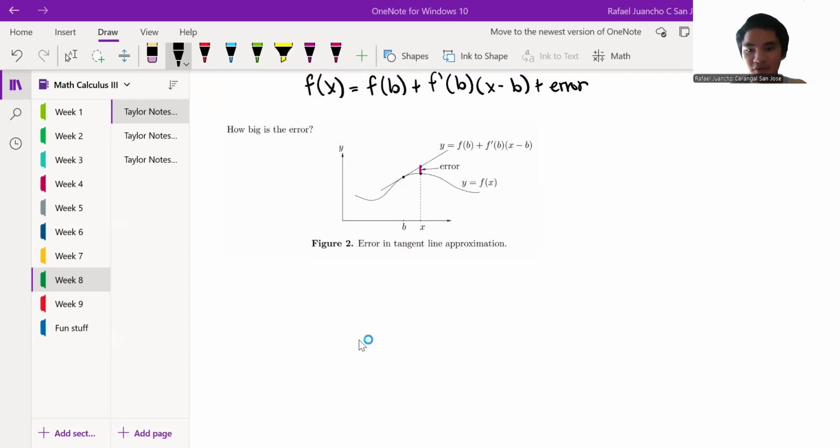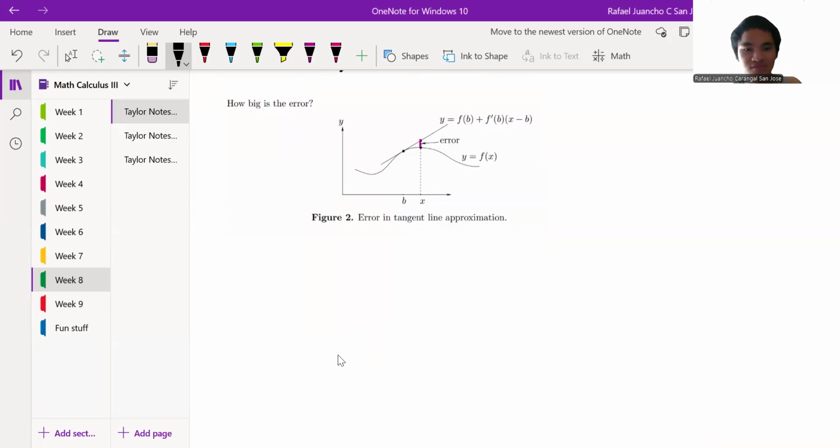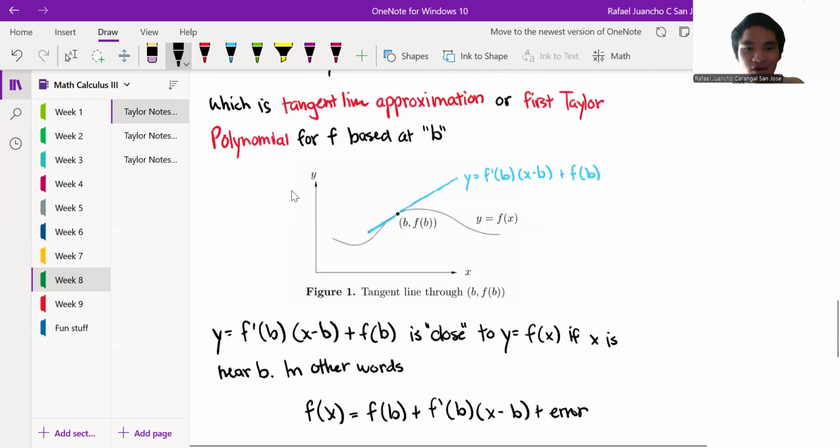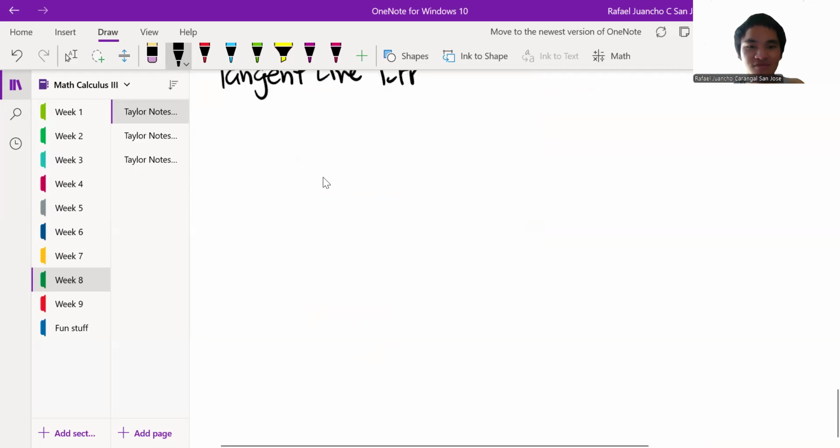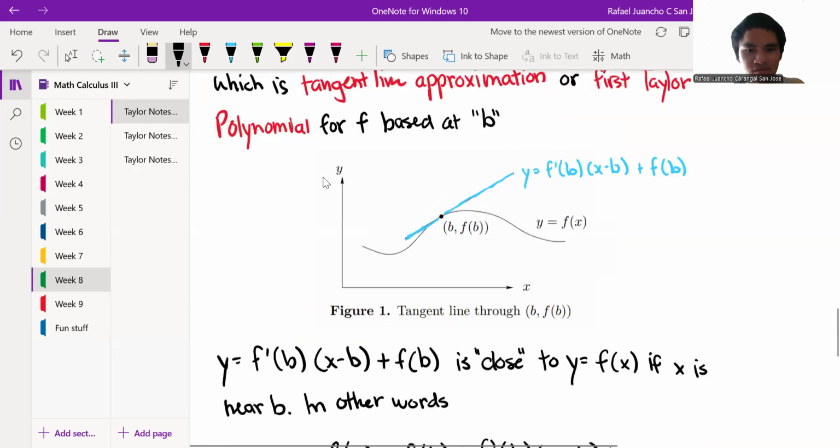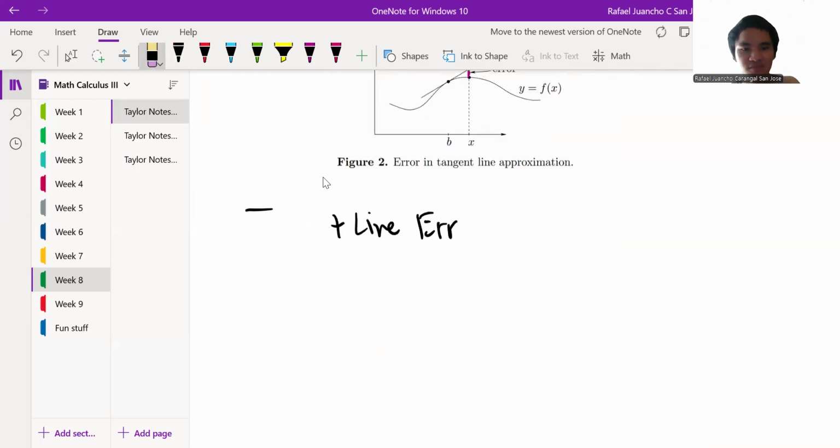Okay, so getting back to where we were. So that's the error. Now we talk about the tangent line error bound. Why did my writing get skinnier? I swear my handwriting. Oh, it's because I'm far from the screen. Okay, this is better.